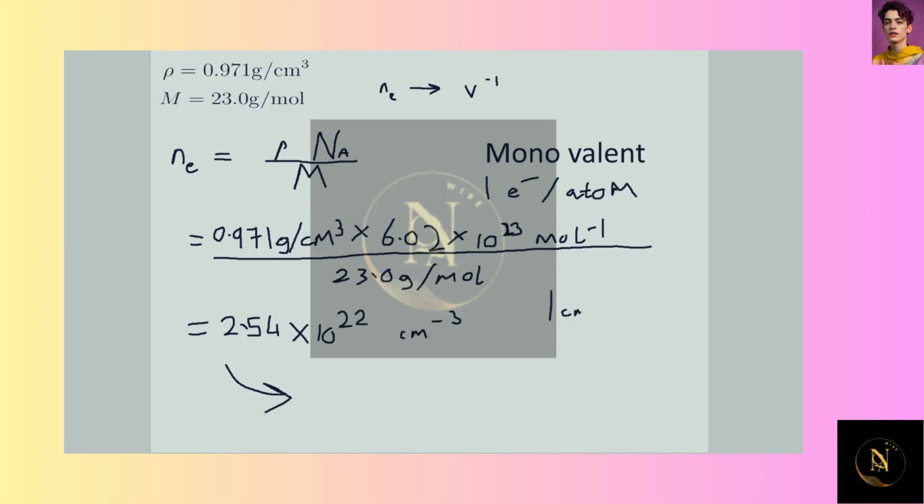Well, 1 centimeter to the minus 3 is going to be 10 to the 6 meters to the minus 3. So therefore, our charge carrier density in SI units will be 2.54 times 10, multiplying by 10 to the 6, gives us 10 to the 28 meters to the minus 3.